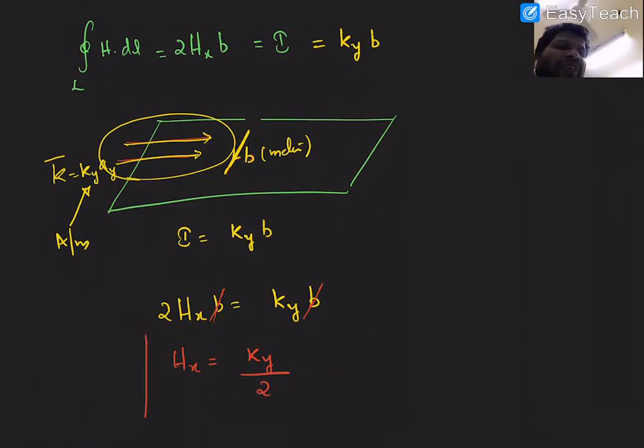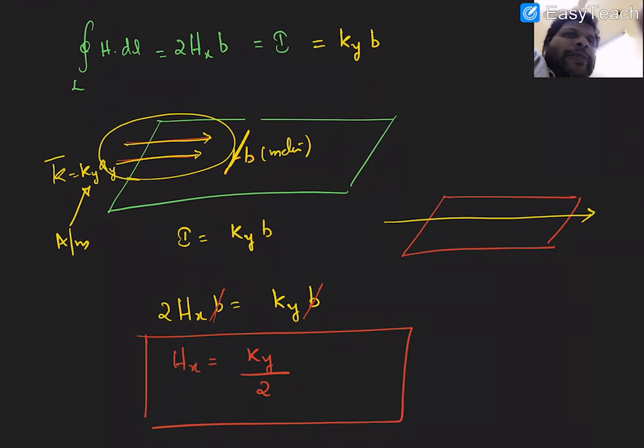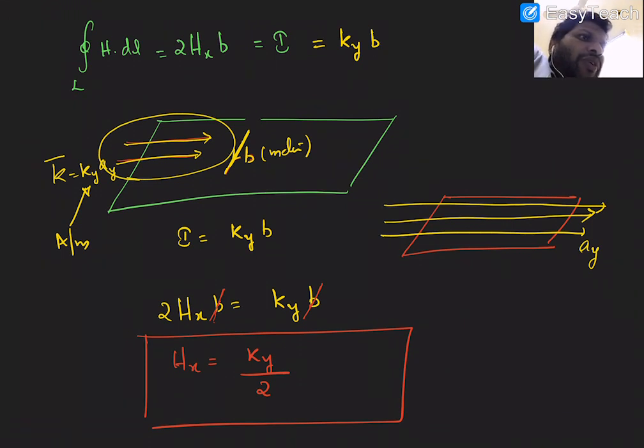Now what is the direction? That's the important question. So you see here in this infinite sheet, this is the sheet. In this case, on the top the current is moving in this direction. So if the current is moving in this direction, that means in the direction of ay, the magnetic field on the top will be in this direction.